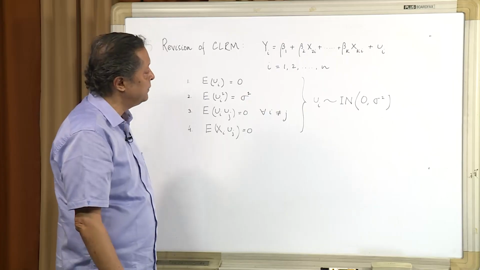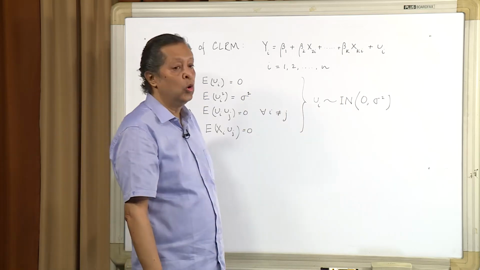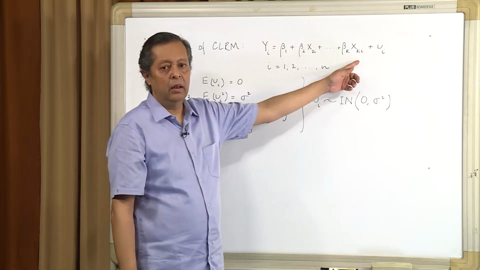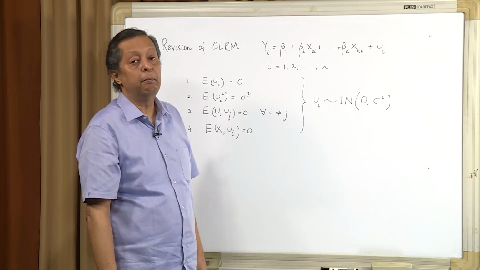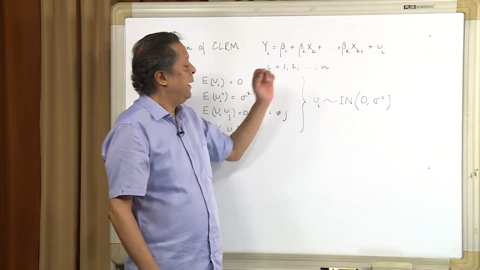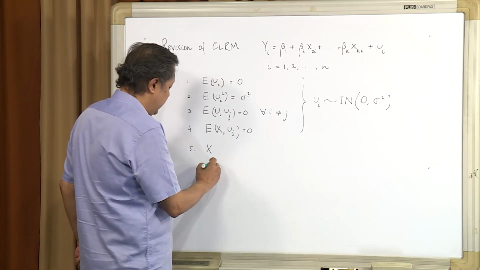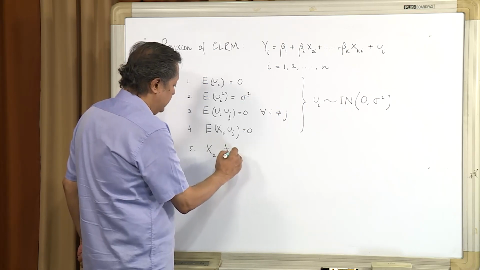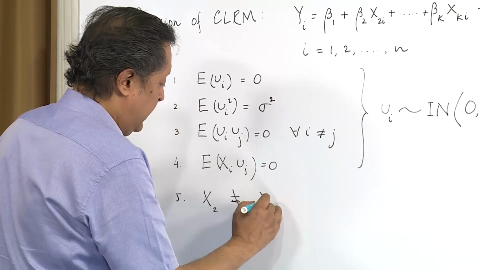Of course, we also have one more implicit assumption, that is, there is no perfect collinearity between the set of regressors, that is called absence of perfect multicollinearity. So, any x, say x2, cannot be a linear transformation of x3.